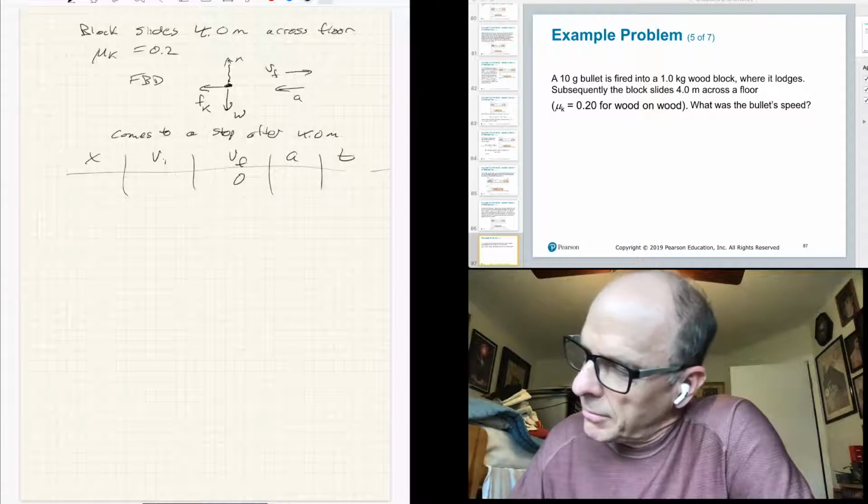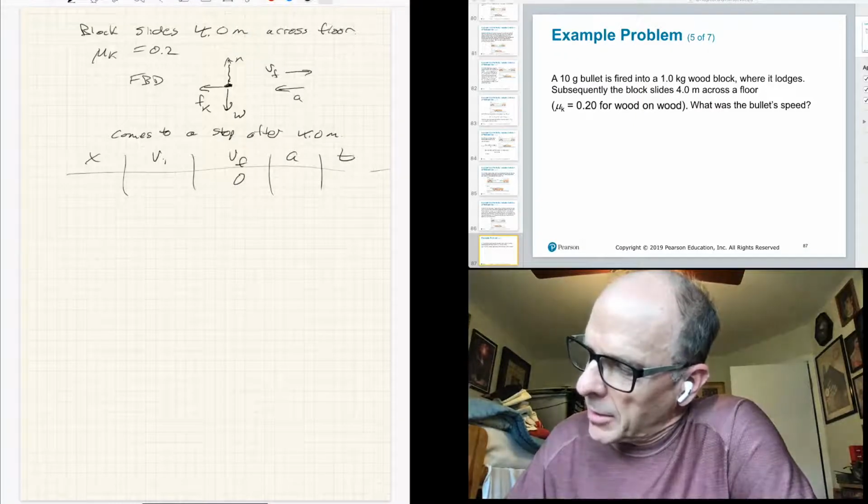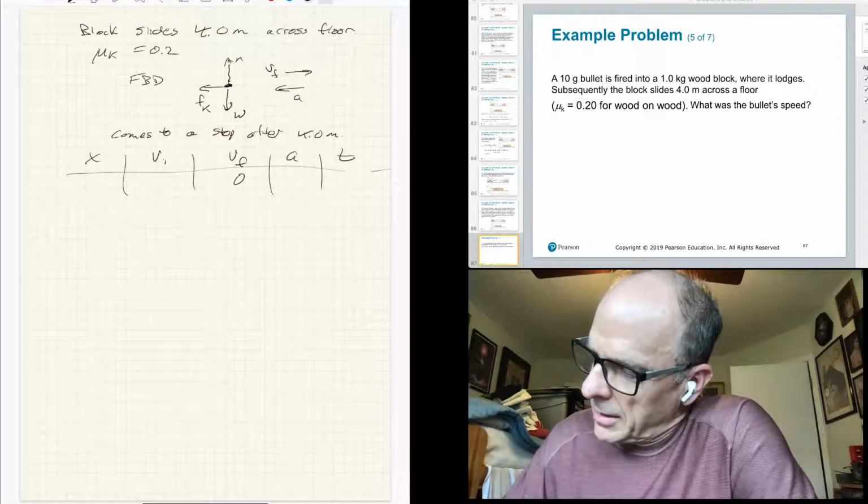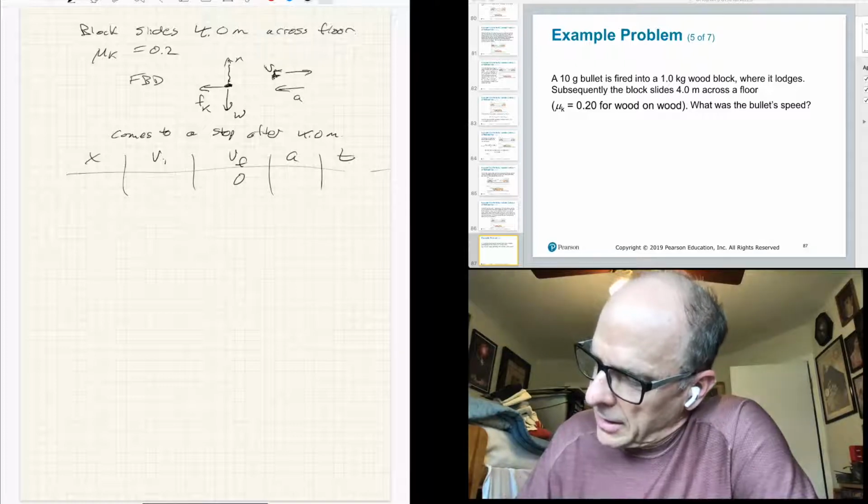This is why I was hesitating about what I call things, because now I've got myself a little bit of a mess. This thing, maybe you would call it VF with a capital F or something like that.